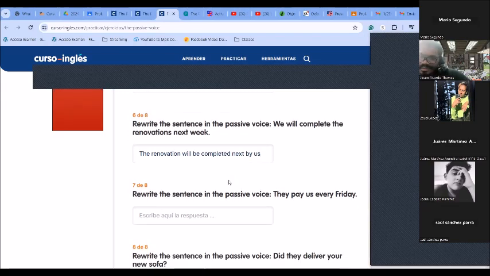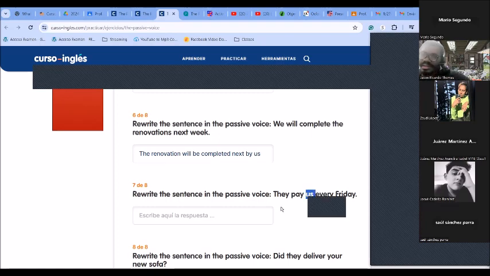All right, Gustavo, number 7. Every day. Same thing, same principle applies.